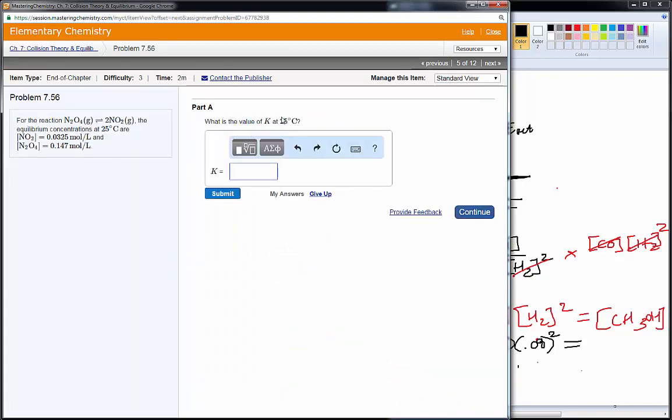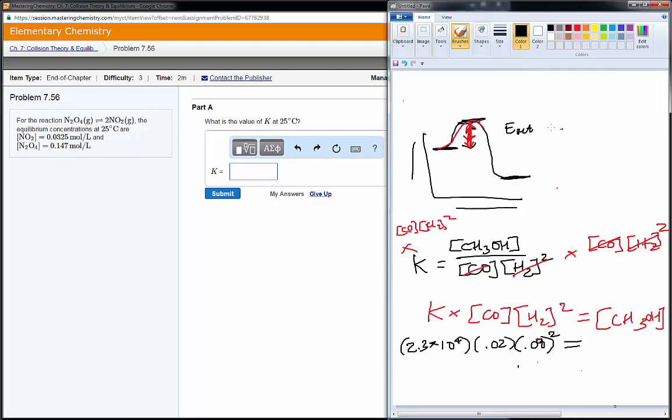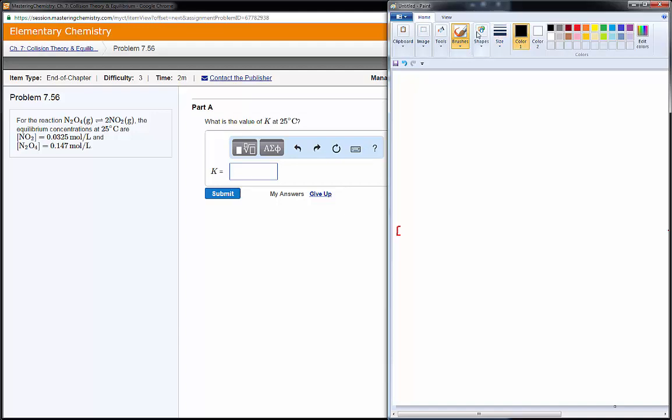Next here, they ask what K is, so we have to come up with the K expression ourselves and then plug in these values. So the K expression is going to be NO2 squared divided by N2O4.